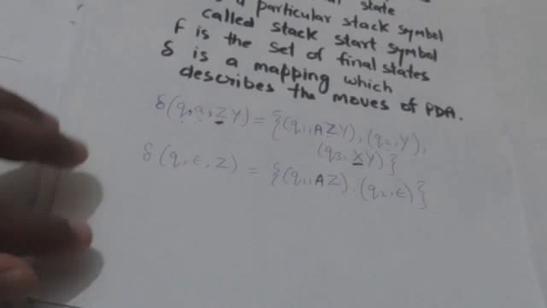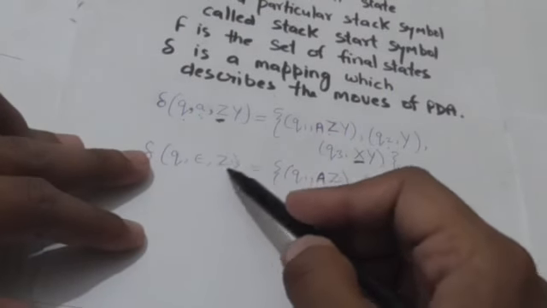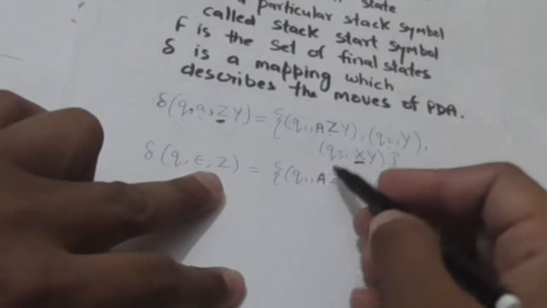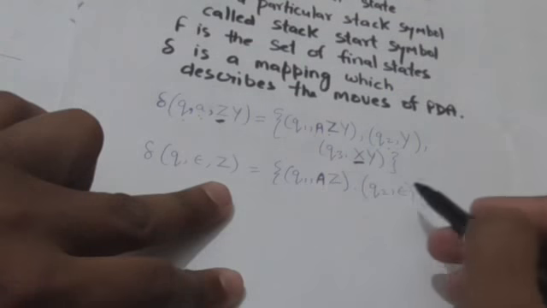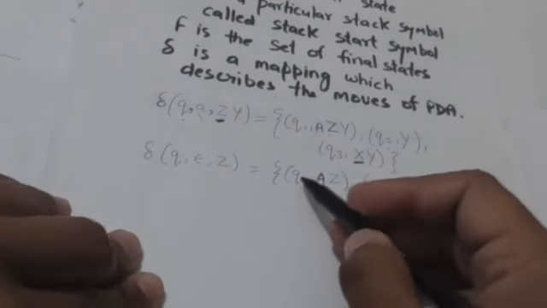Now see this move, delta of Q, empty, Z. Now it is equal to a set having two elements. One is Q1 AZ, another is Q2 empty. Now see what it shows.